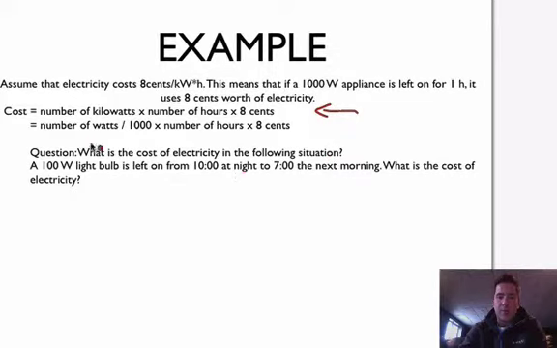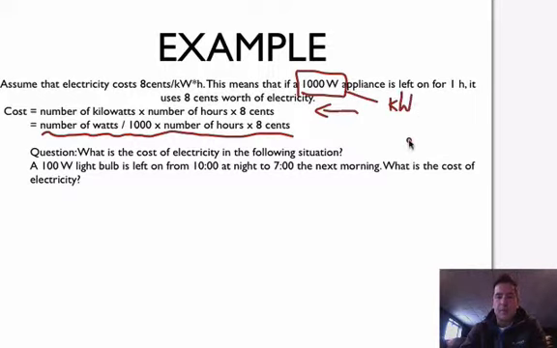We have to convert that even further, because remember we have to convert watts into kilowatts. And since this word problem gives us 1,000 watts, we need to convert it into kilowatts. So we do that by dividing by 1,000. Then we're going to multiply it by the number of hours, which is 1 hour in this case, and then times 8 cents.